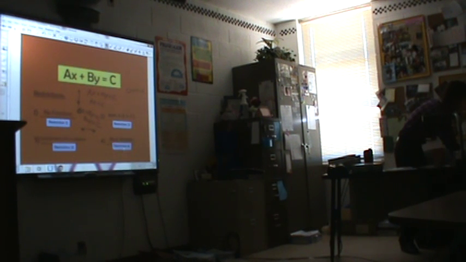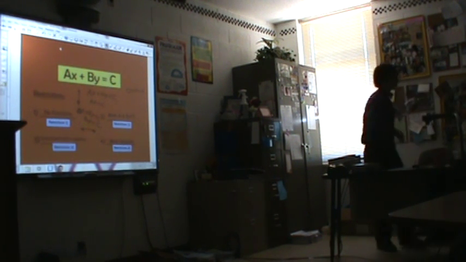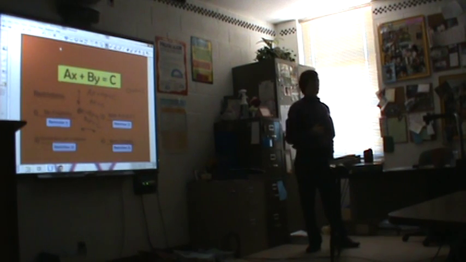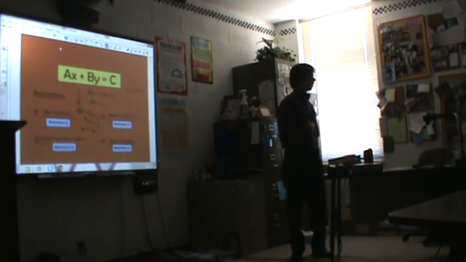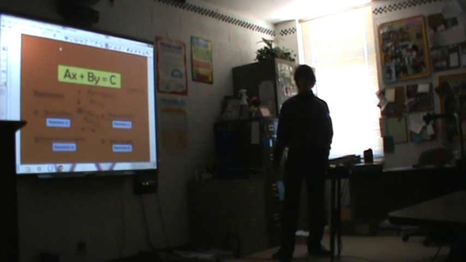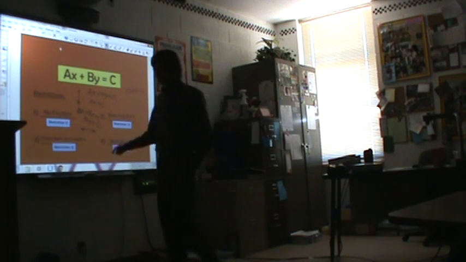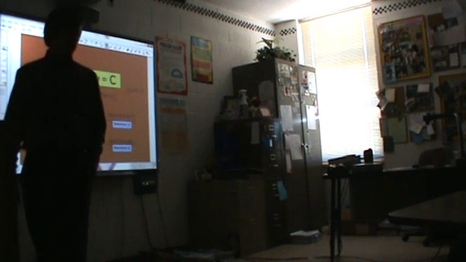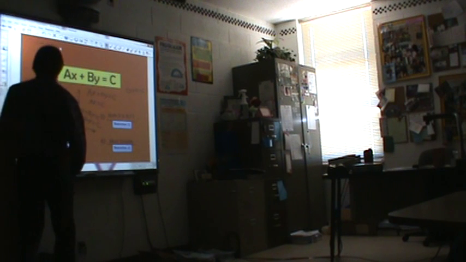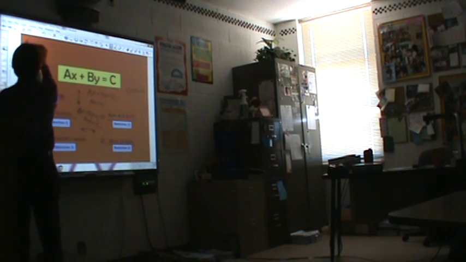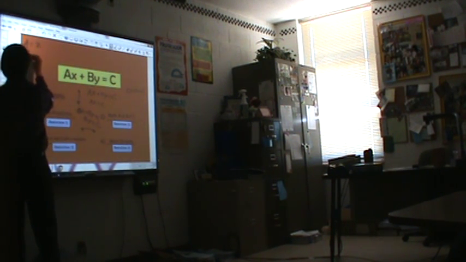Moving on now to restriction 4, which is quite possibly the hardest restriction to identify. So definitely make sure you take very good notes about this one. Must simplify. So let's suppose that our a value is 2, our b value is 6, and our c is 10.